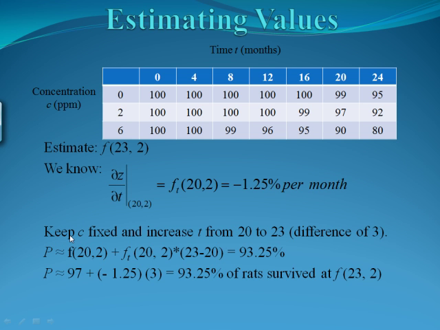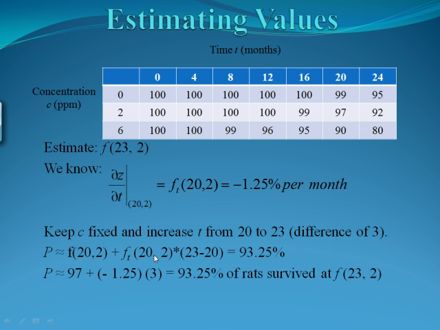And now, since c is fixed, we're increasing t from 20 to 23. So we take the value at 20, 2, which was 97%, because again, 2 is our concentration. And then we use the partial derivative to represent the rate at which we're changing times the amount that we moved. So here, since we went from 20 to 23, that's the number of units that we've moved away.